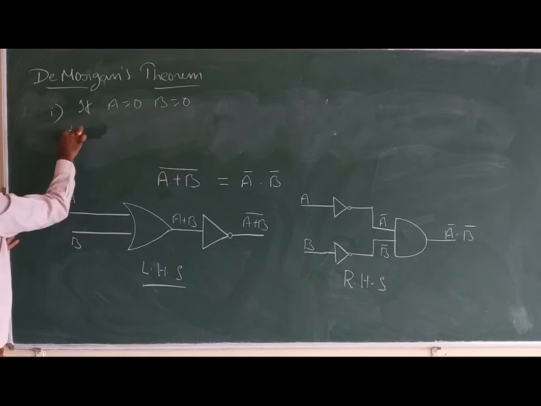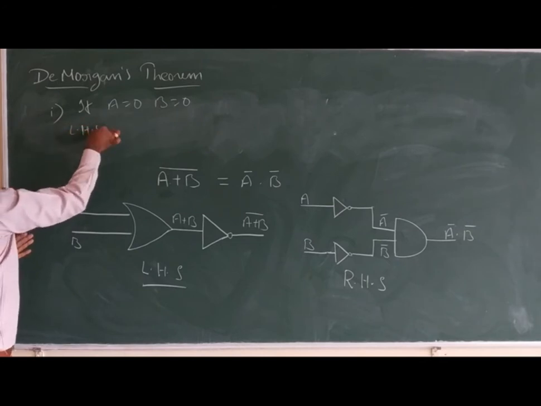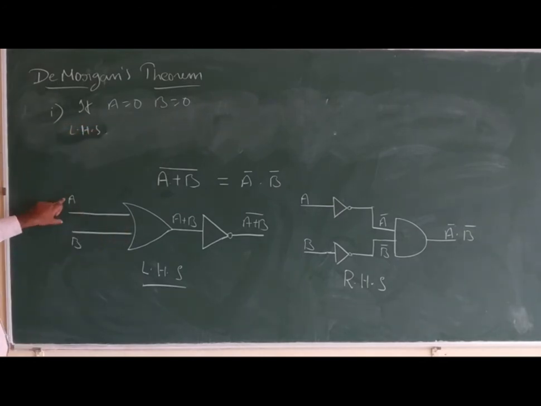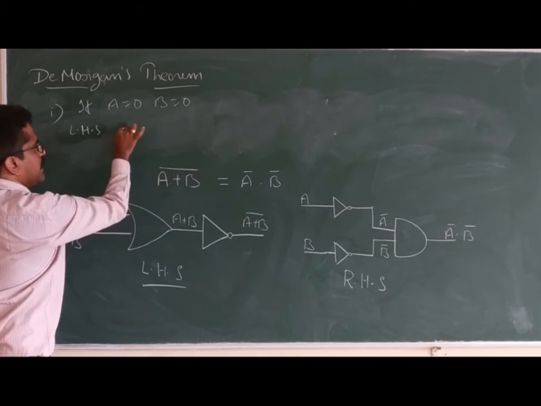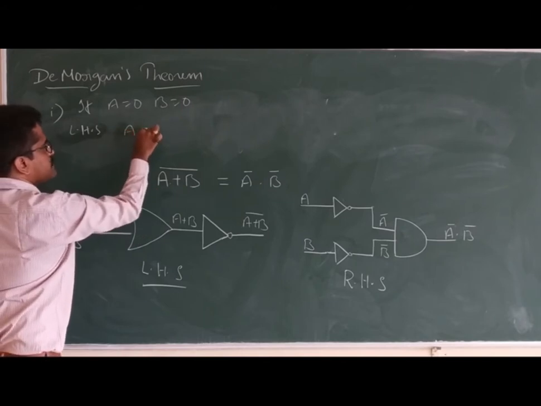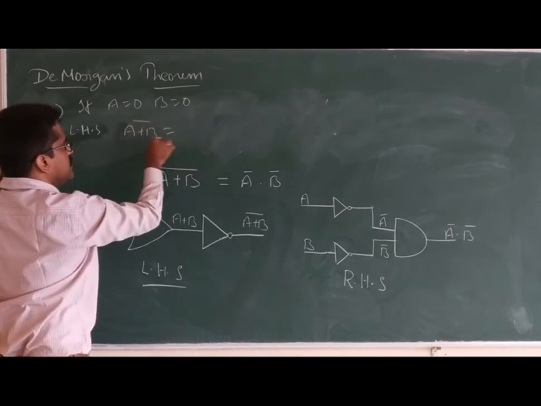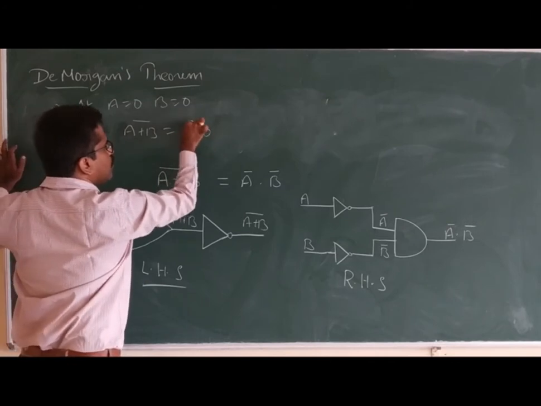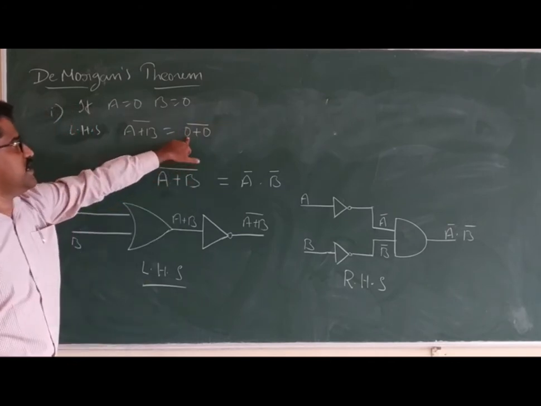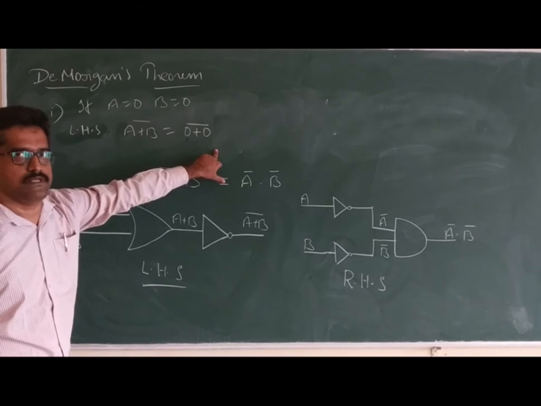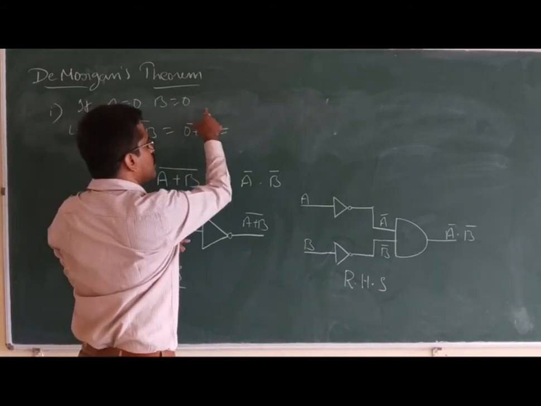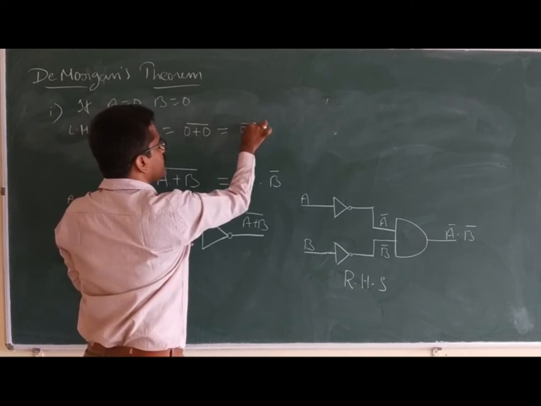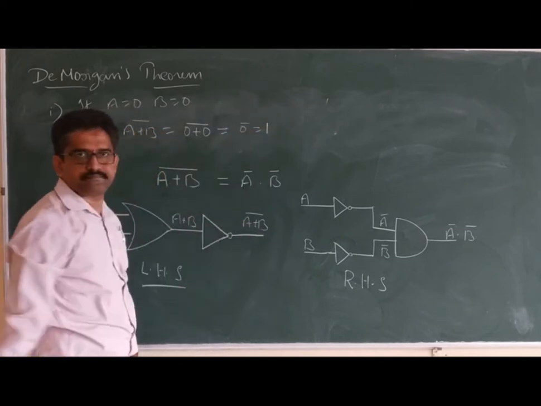For LHS, we get the output A plus B whole complement, which is nothing but 0 plus 0 whole complement. Here we take A is equal to 0 and B is equal to 0. So 0 plus 0 whole complement is nothing but 0 complement, which is equal to 1.